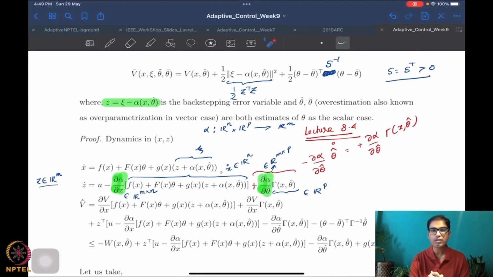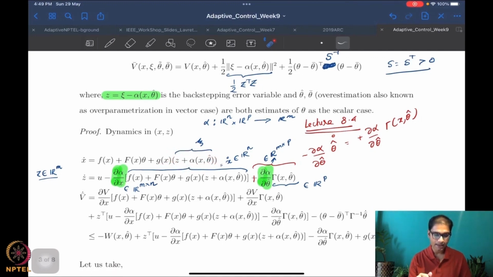So what we do is we now start to write our dynamics in terms of the new variable z, which is the backstepping error. So x dot was f(x) plus capital F(x) theta plus g(x) psi, and the psi is simply z plus alpha. That's what we do. And now we also write the dynamics of the second state, which is psi minus alpha.